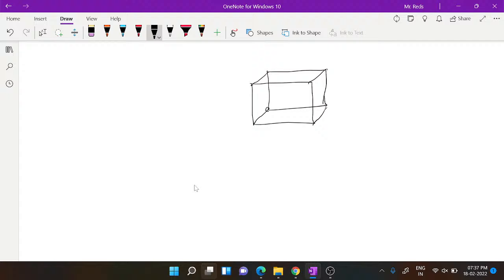So let us say this is the origin, and this is the x-axis, this is the y-axis, and this is the z-axis. So length, width, and height we can consider accordingly. Now each side length is equal to 25 centimeters, 25 times 10 to the power minus 2 meters.